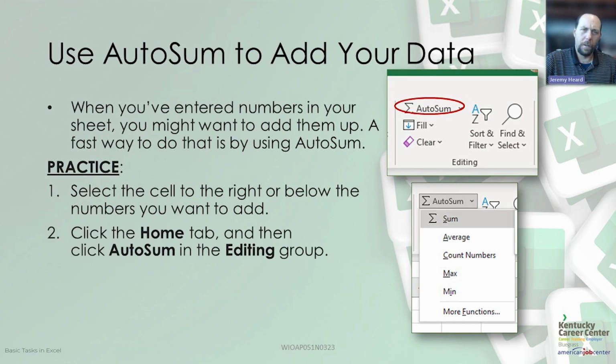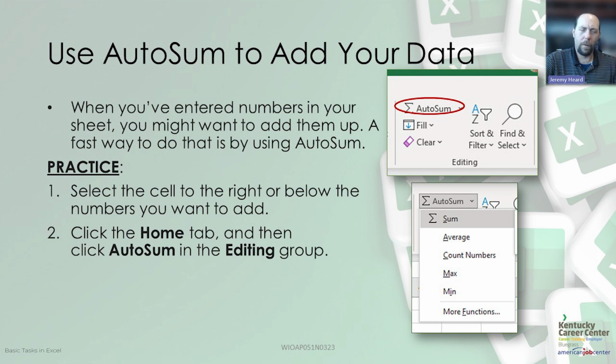One of the other things you can do once you have data entered into your cell is you can auto sum. A lot of times we have a lot of numbers that we need to calculate in different ways. So Excel gives you a quick way to do that. So all you have to do is select the numbers that you want to calculate. And then on the Home tab, you'll see an editing group. And under editing, you'll see auto sum.